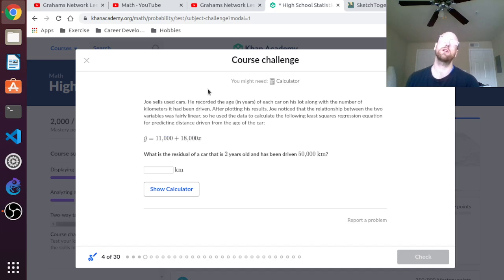So Joe sells cars. He recorded the age and years of each car on his lot, along with the number of kilometers it had been driven. After plotting his results, Joe noticed that the relationship between the two variables was fairly linear, so he used the data to calculate the following least squares regression equation for predicting distance driven from the age of the car.